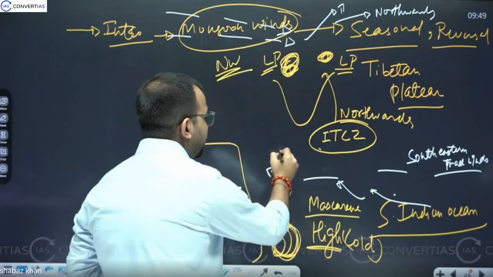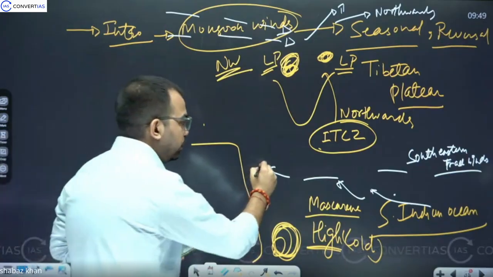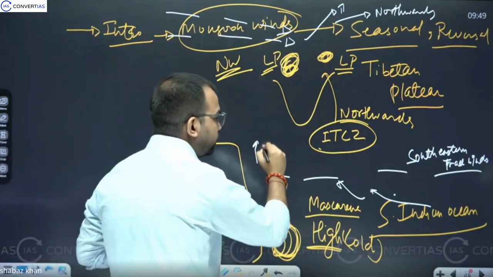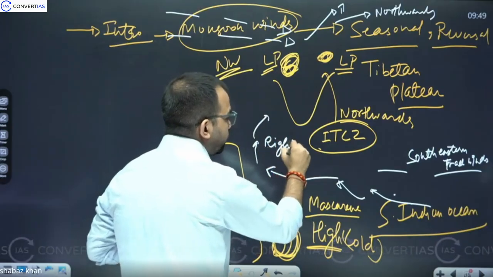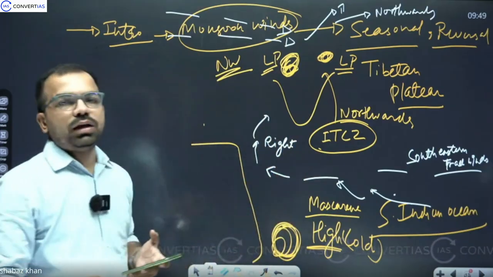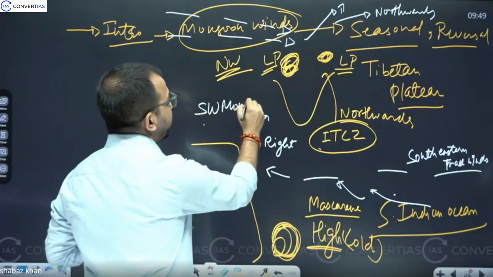What happens here is the Coriolis force attracts them towards the equator. They will start getting attracted towards the equator and start moving rightwards. And that is what gives birth to the southwestern monsoon winds.